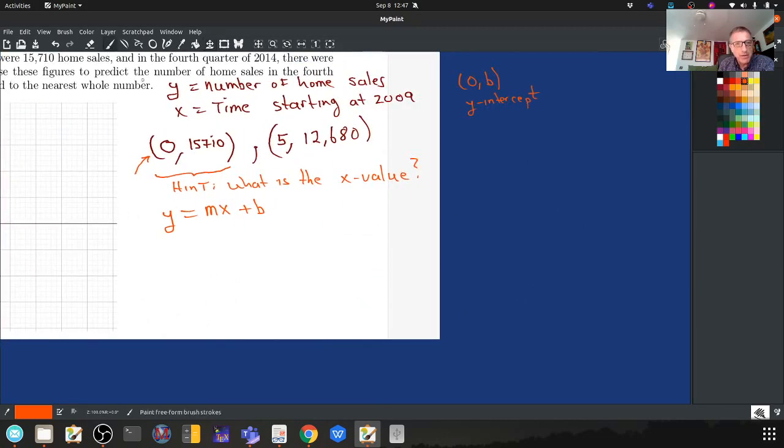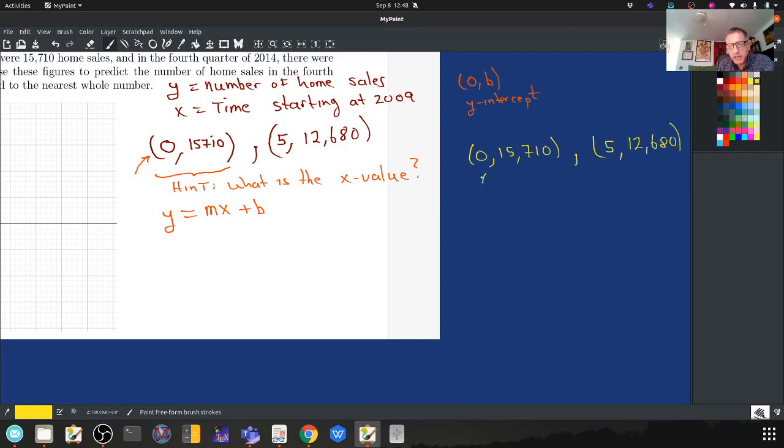So here we go. We have to find the slope. The points are 0, 15,710, that's one point, and another point is 5, 12,680.